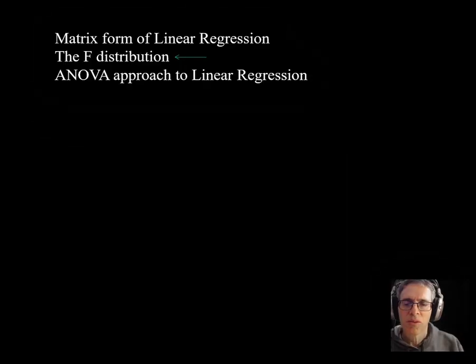lecture. So we're next going to review from your first semester stats class the ANOVA approach to linear regression, and also show that the ANOVA approach will also generate an equivalent to the t-test with equal variance. And this is reflecting the fact that the ANOVA approach is just incredibly flexible.